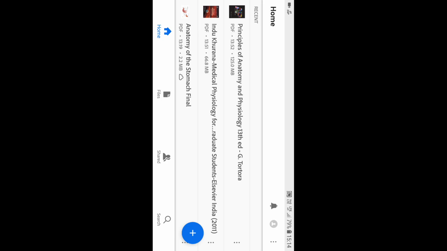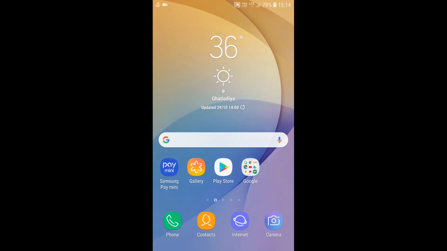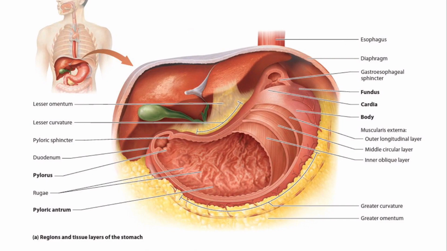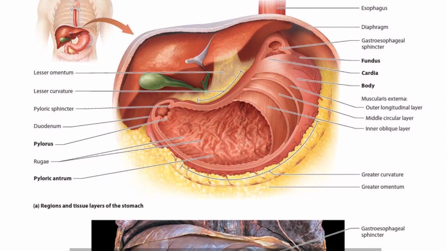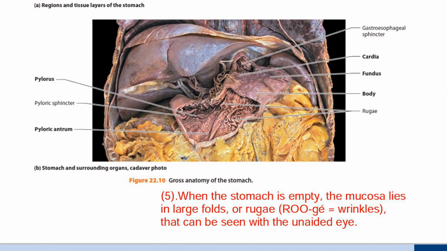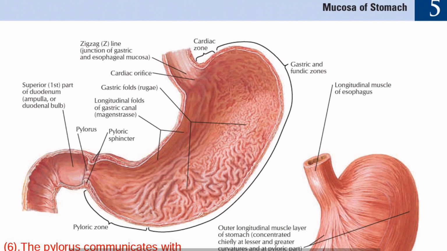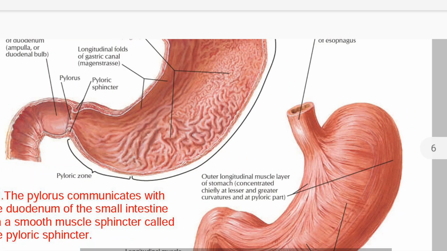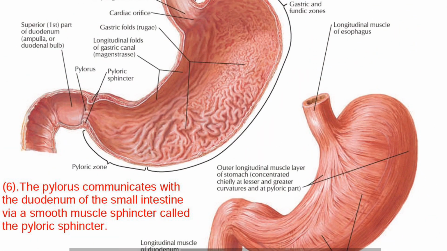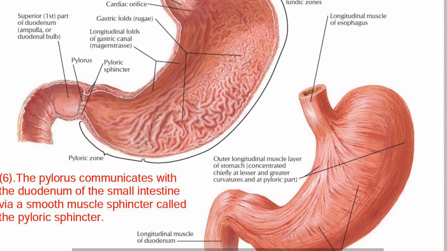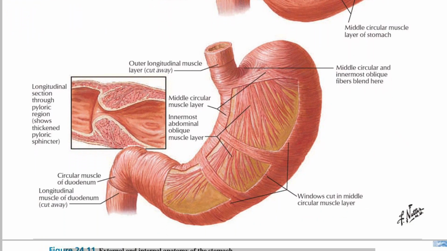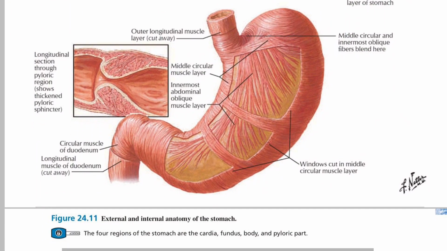Then this figure, then this figure. These three are very important figures: the muscle arrangement, all three muscles. In the next lecture we will discuss all this, but you go through this in this lecture itself.